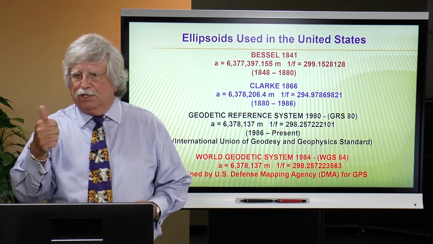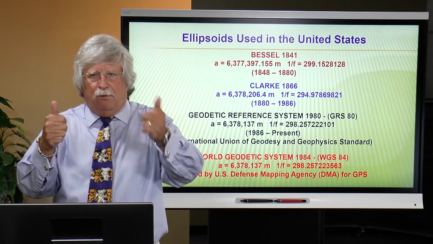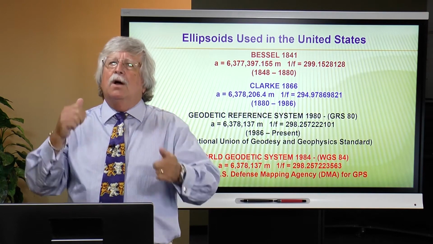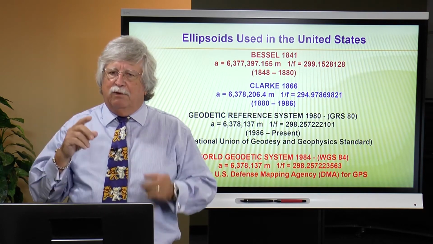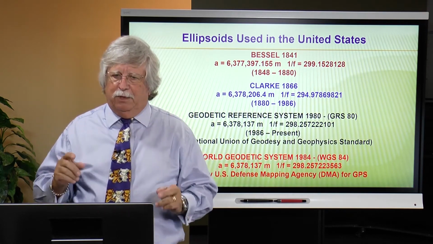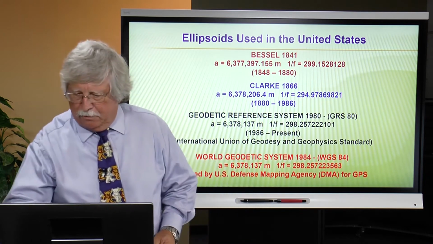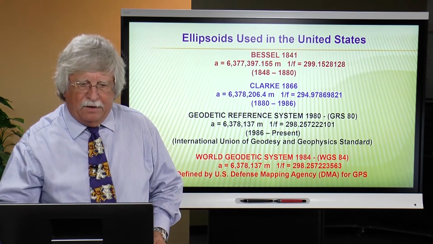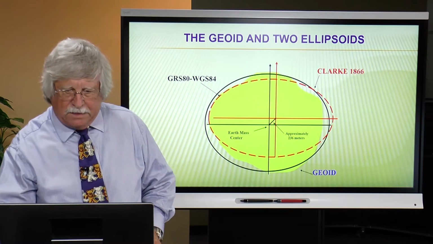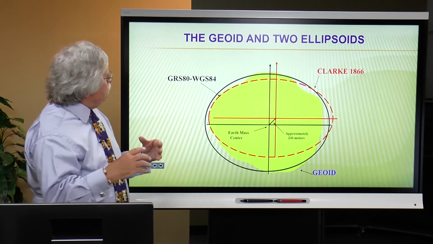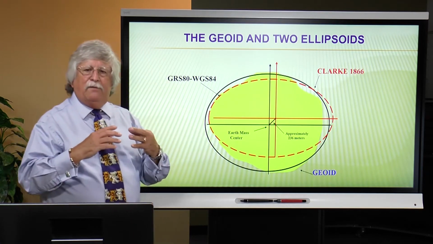What is the origin of NAD 83 versus the origin of WGS 84? What's the orientation of NAD 83 compared to the orientation of WGS 84? These are critical components to have a handle on. So here we see, bringing this together, a conceptualization of this process.